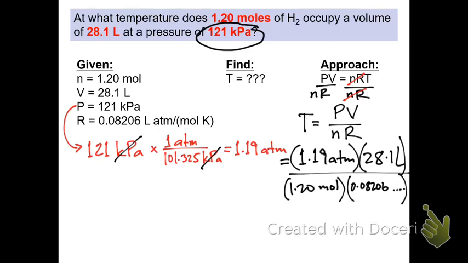So atmosphere will cancel out, liters, moles, and then you're left with the unit for temperature, which is kelvins. Plug this into the calculator and we get 339, so we can just round this to 340 kelvins.